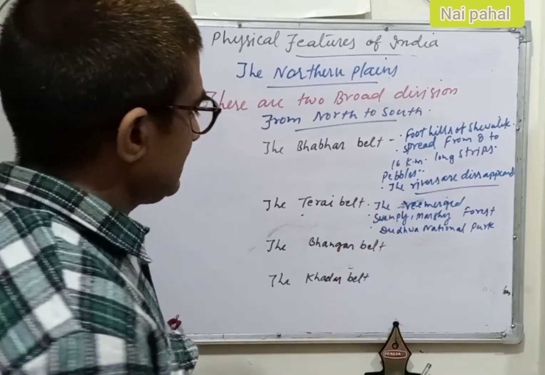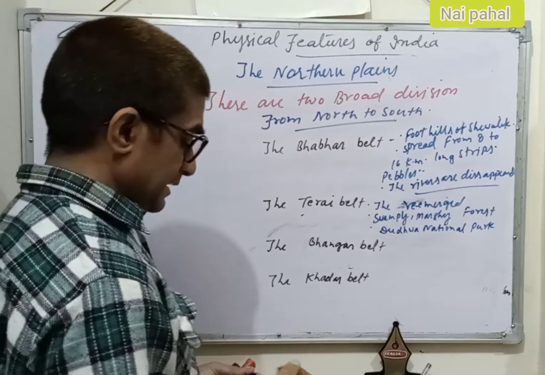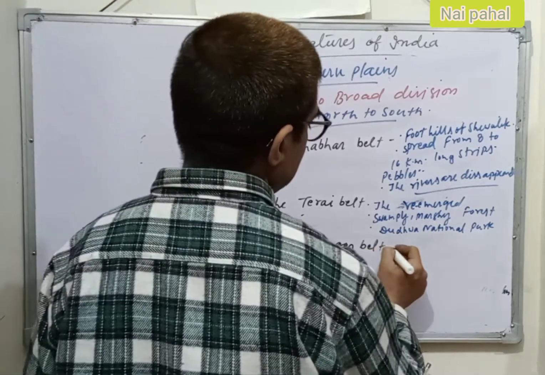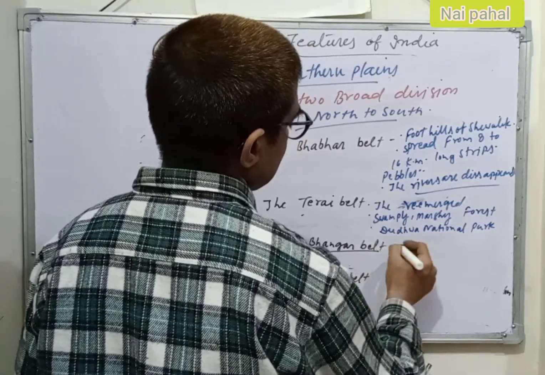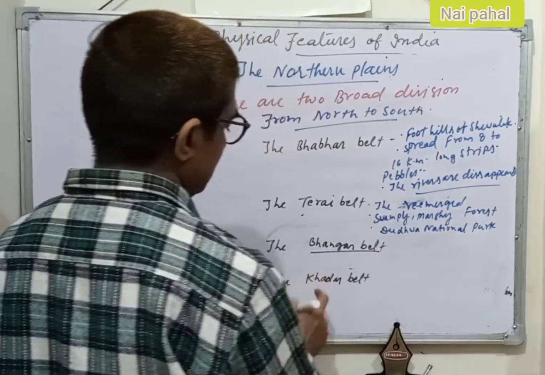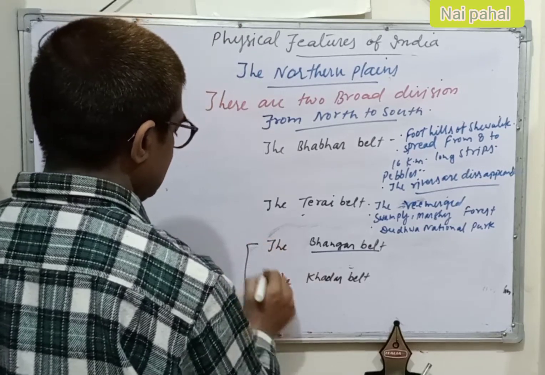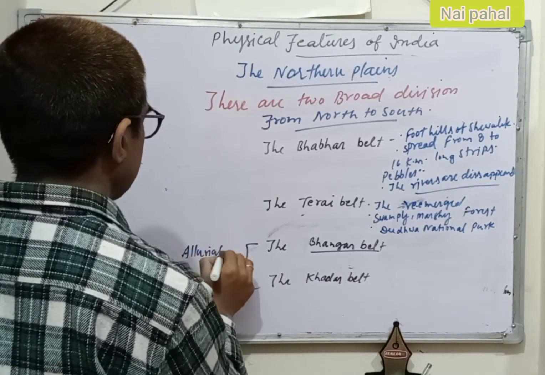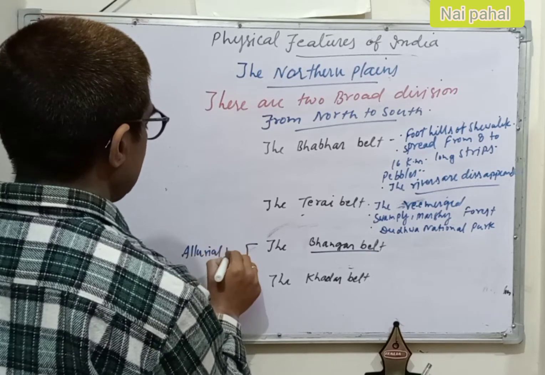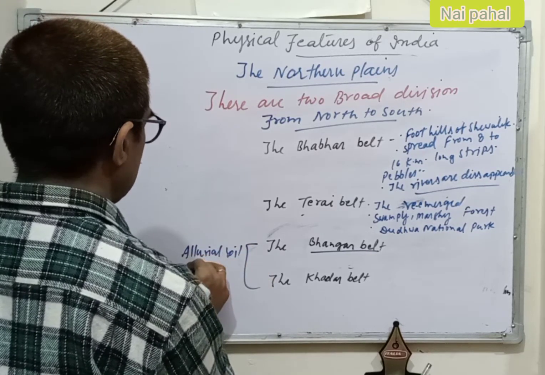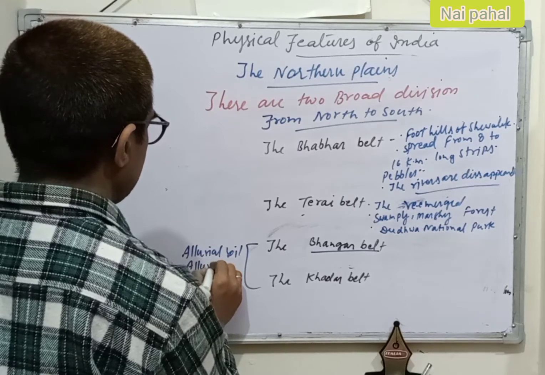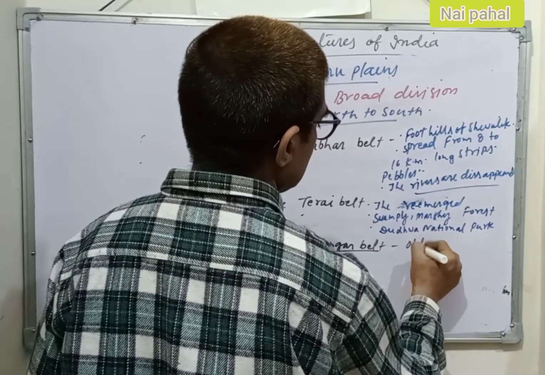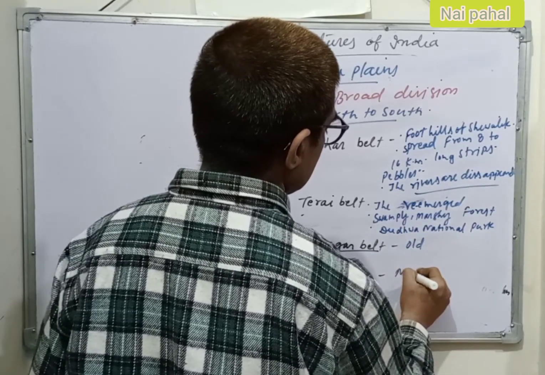So you can better understand this is the second belt, and now the third belt, the Bhangar belt. There are two types, Bhangar belt and Khadar belt, known for producing alluvial soil. So this is called the old and this is called the new. Okay?